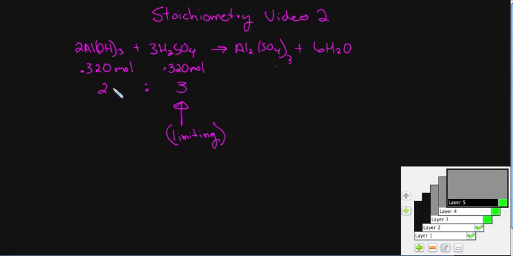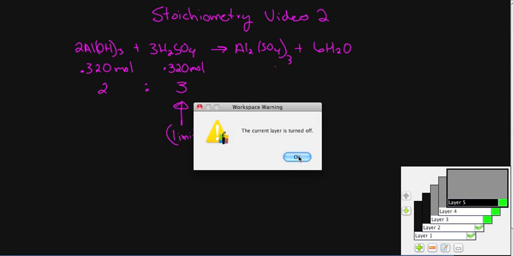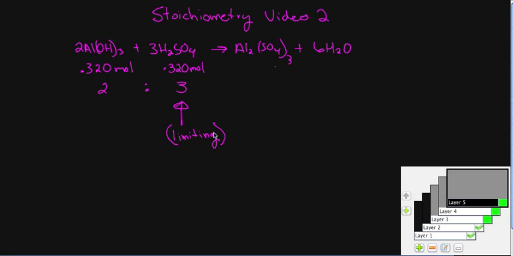So our ratio should be 2 to 3, and so we have a ratio of 2 to 3 right here, and we find out that this is definitely limiting. Then if this one's limiting, we're going to use the limiting reactant to figure out the products over here.